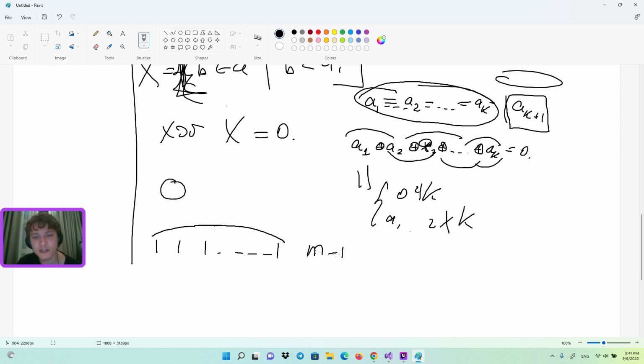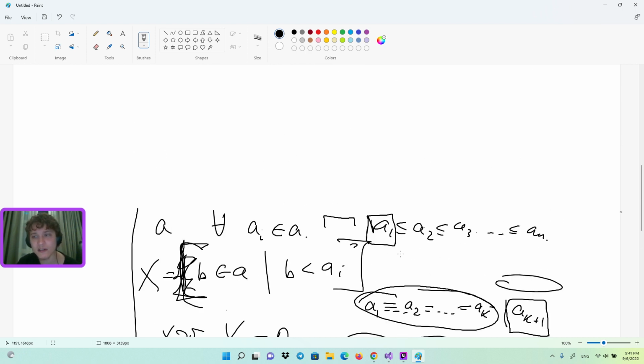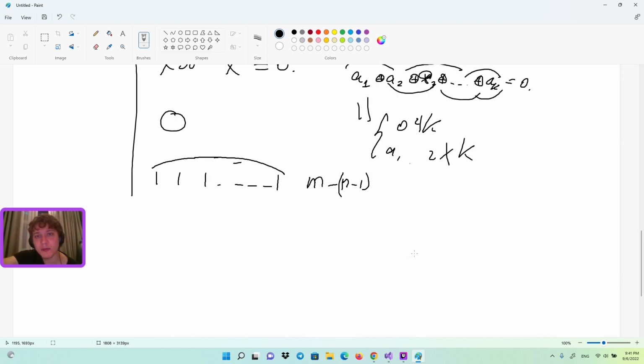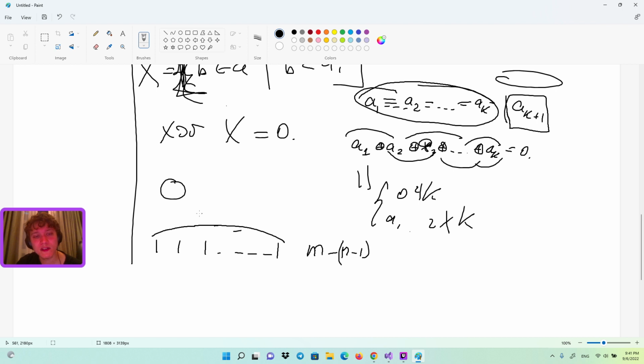So it's not m minus 1, it's m minus n minus 1, and I want it to be an even number. Because if it is an odd number, then this condition is not satisfied, and we are not okay with that. So we want n minus 1 to be even. So this solution works if n is odd.